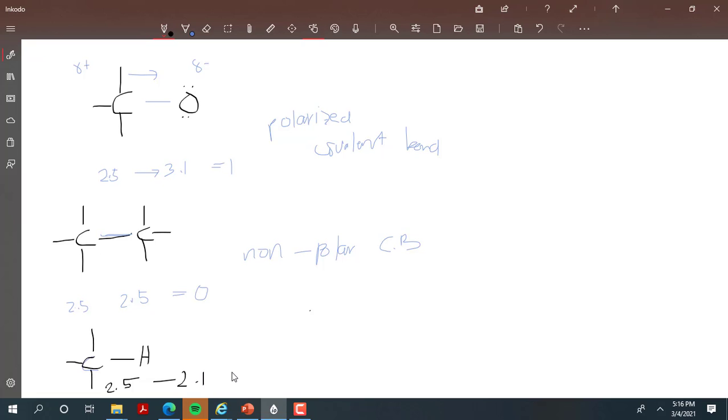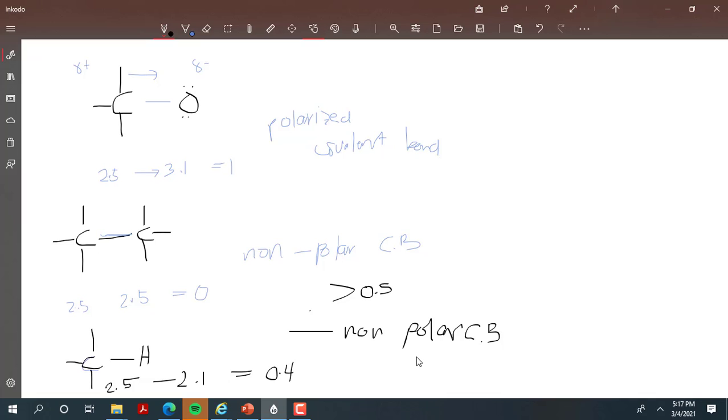The difference is how many? The difference is 0.4. In this scenario, since a lot of books say that as long as the difference is not greater than 0.5, it can still be considered a non-polar covalent bond.